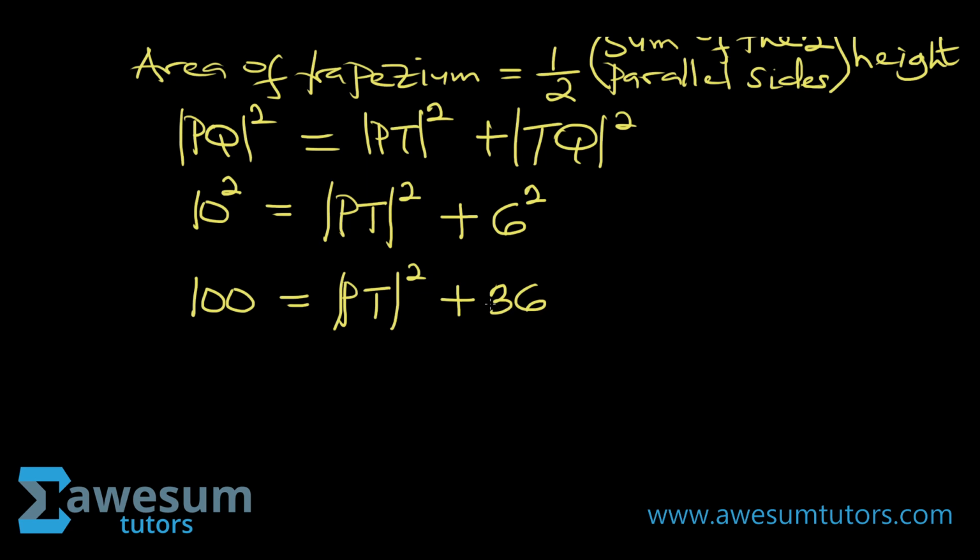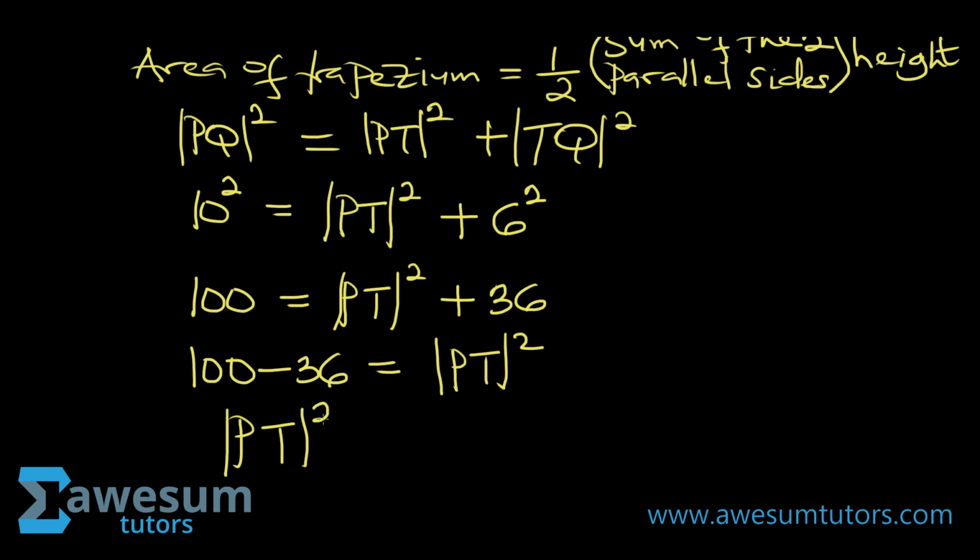Now if you collect like terms, positive 36 goes to the other side to become negative 36. So line PT squared is going to give us 100 minus 36, which is 64.